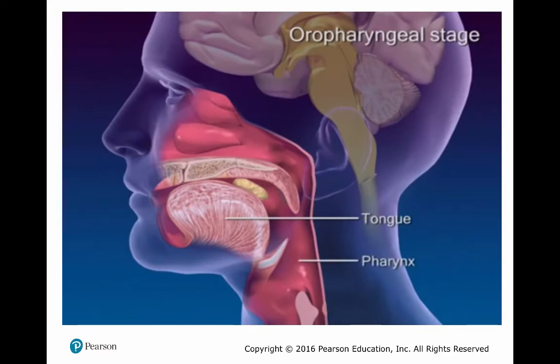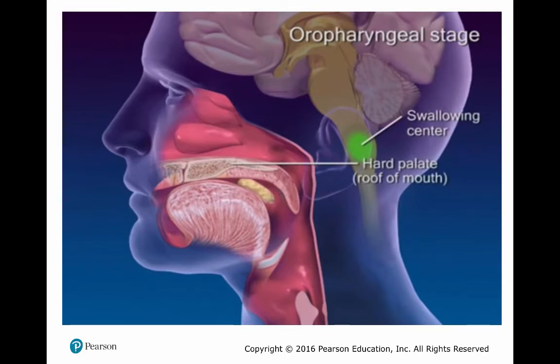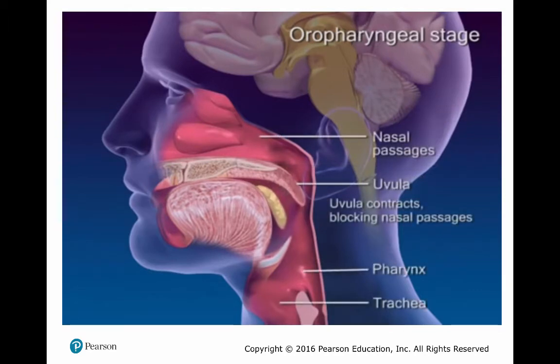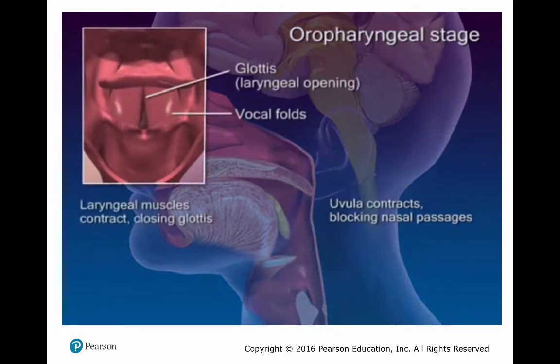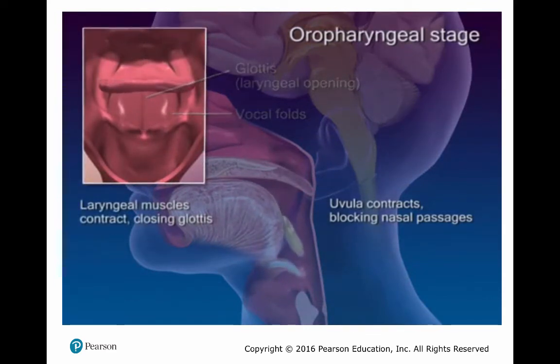In response to activation of pharyngeal pressure receptors, the swallowing center in the medulla initiates reflexes that prevent food entry into respiratory passageways. The uvula contracts, which blocks the nasal passages from the pharynx. The laryngeal muscles contract, closing the glottis at the top of the trachea by tightly aligning the vocal folds.